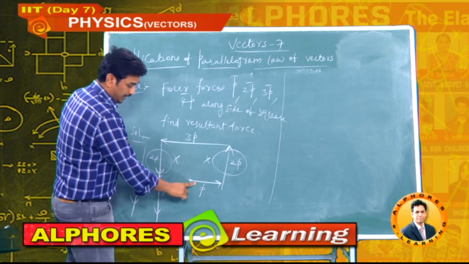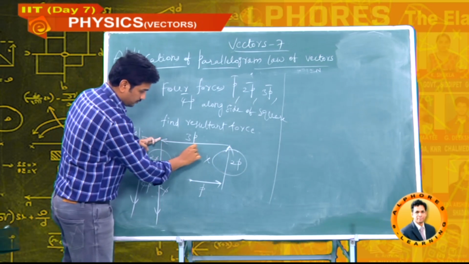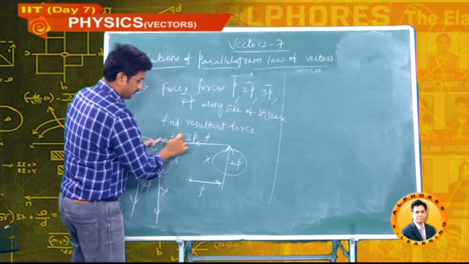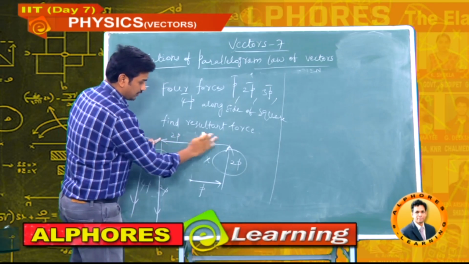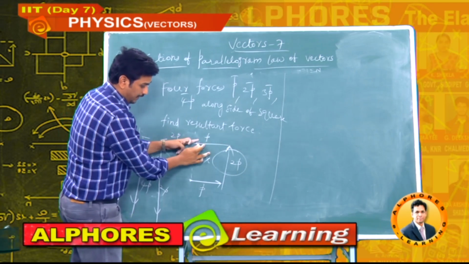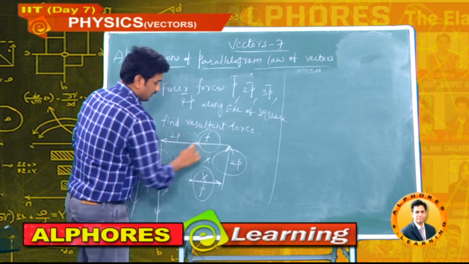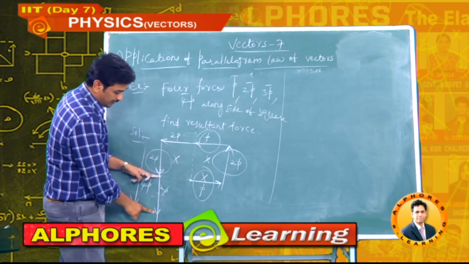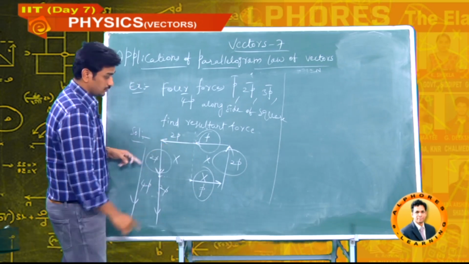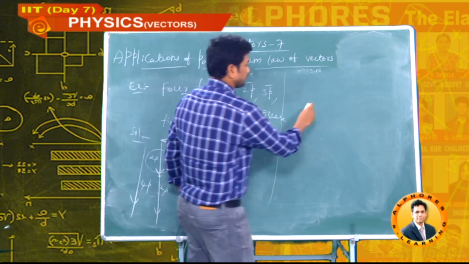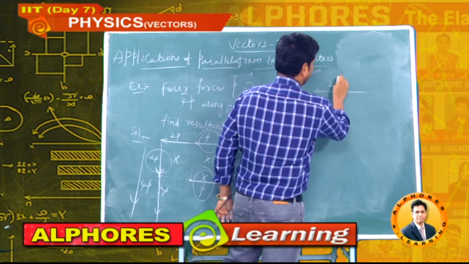Now P, 3P. This much is P, remaining 2P. In this whole 3P, P and P are equal and opposite, cancel out. Now this 2P is left over.